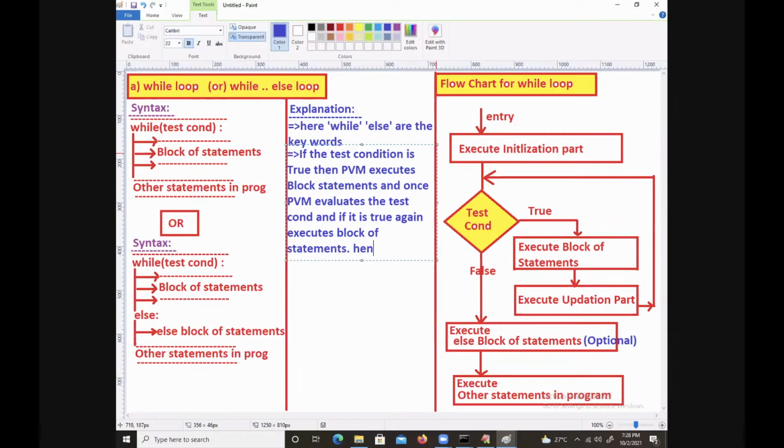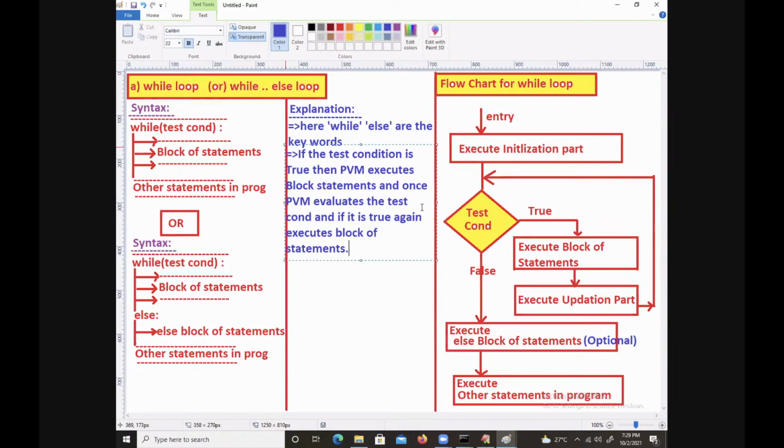Hence, these points I say, I will write in the next line: block of statements. If the test condition is true, then PVM executes the block of statements.